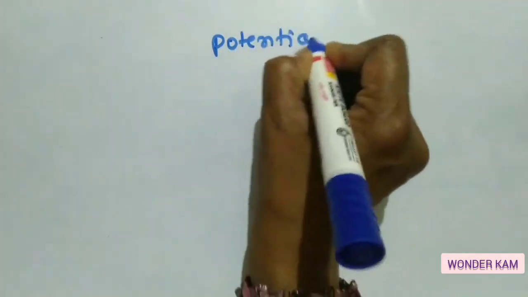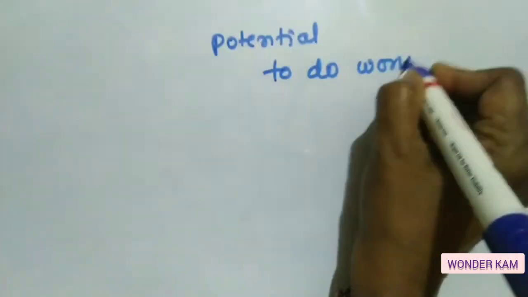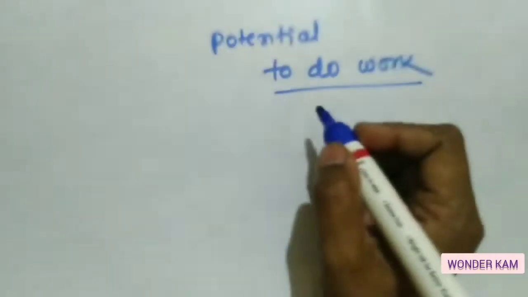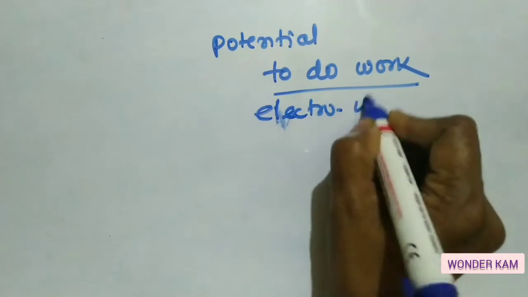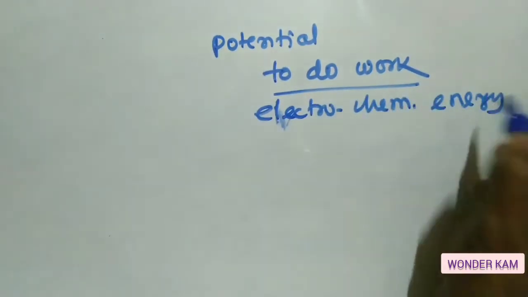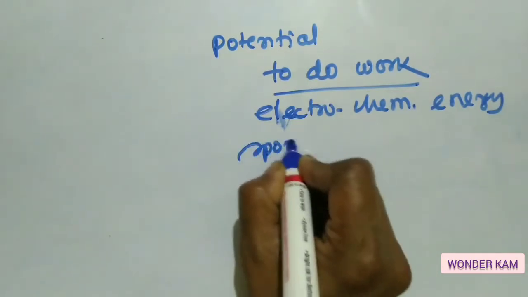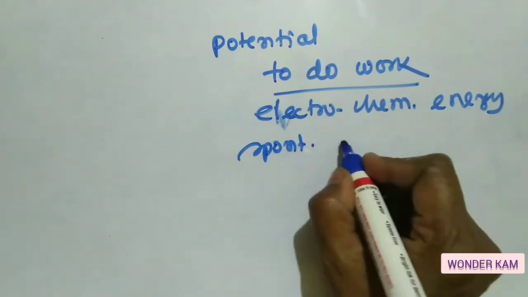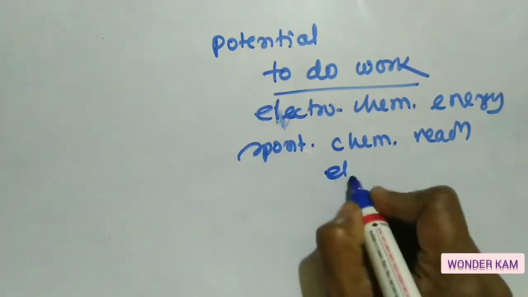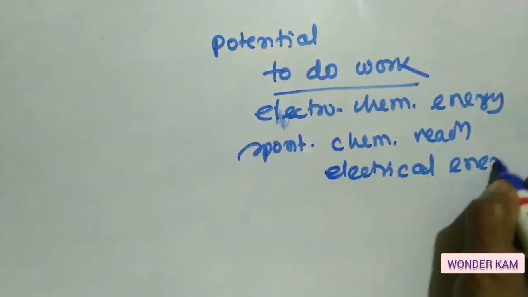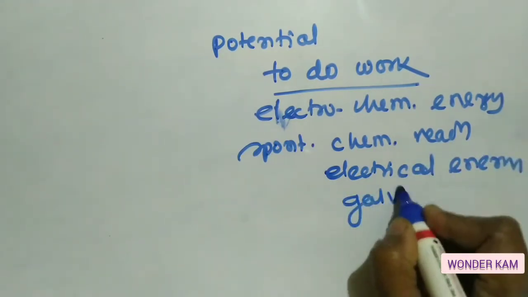The cell potential or the EMF we are getting is utilized to do useful work, and this is known as electrochemical energy conversion: a spontaneous chemical reaction giving electrical energy from the galvanic cell, isn't it? We are talking about a galvanic cell.